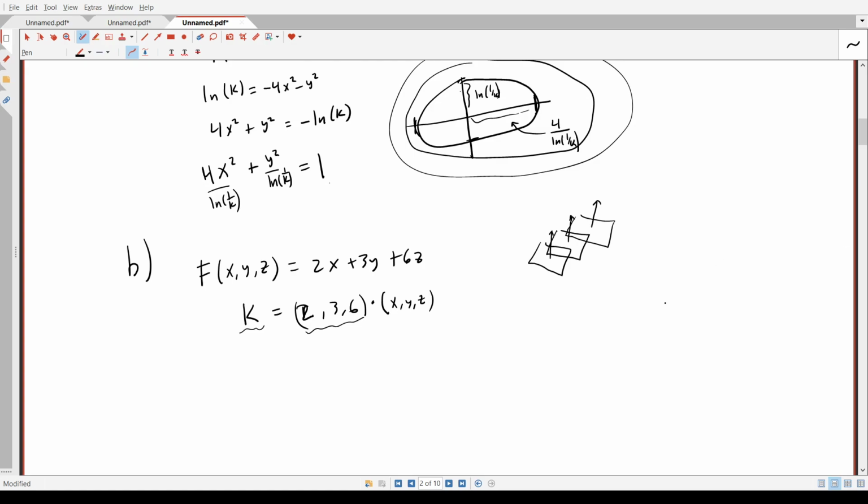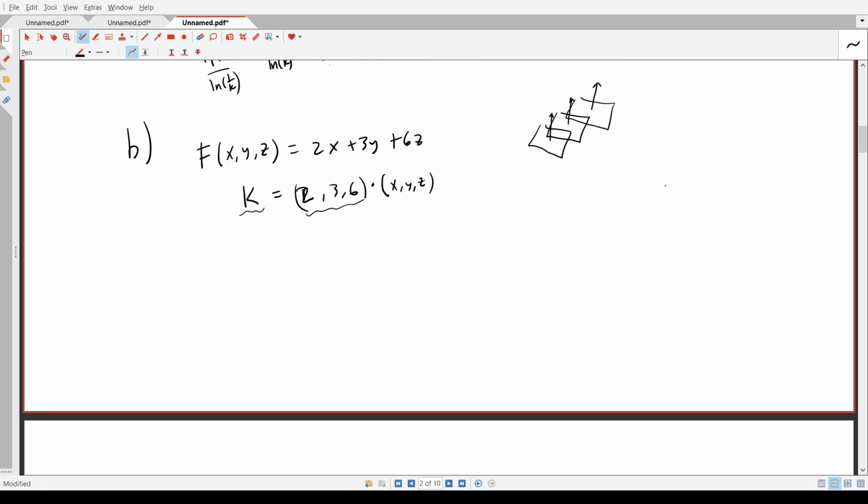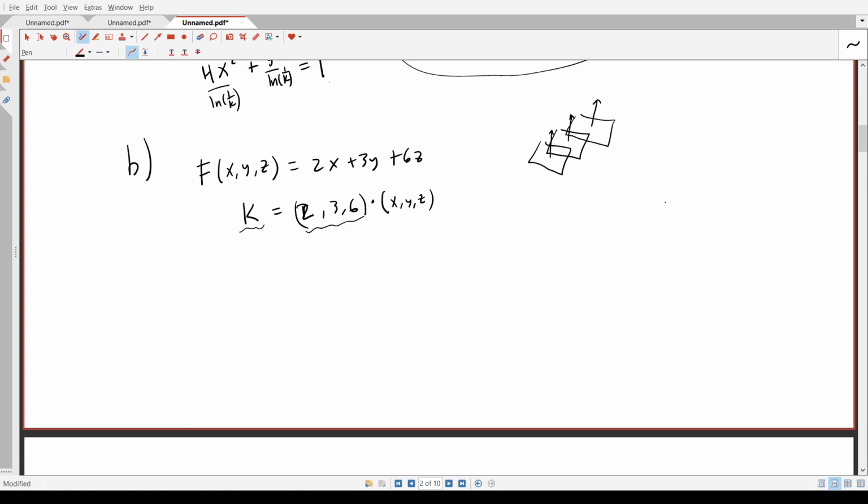Next question. Okay. Technically, this is part C, but it says an open container, no top, is to have a volume of 12 cubic feet. So let me just draw this real quick.